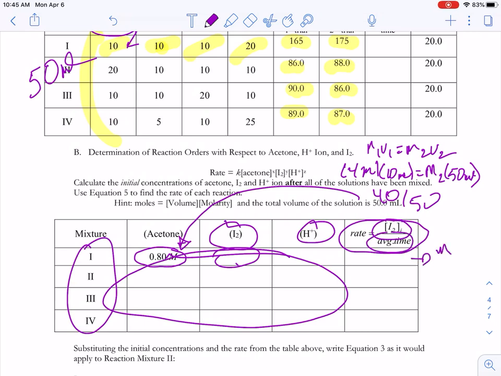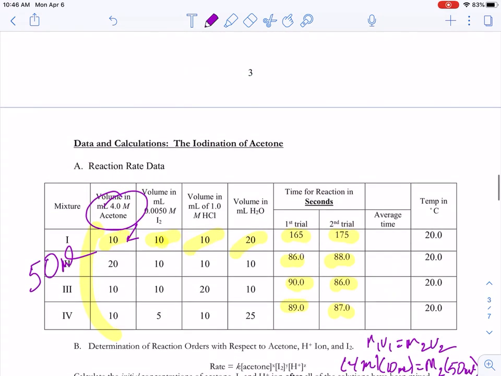This is going to allow you to get the rate as molarity per second. So on all of these values, you should see something around 10 to the negative 6, 10 to the negative 5th, something like that. If you do this right, that's what these rate values are going to be.